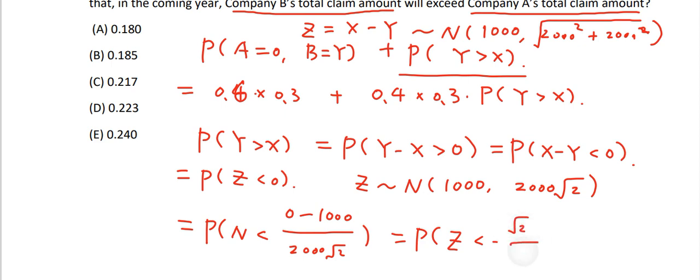So here just calculate here, so we can find this probability. Now we can check the normal table and find this number, 1 over 2 radical 2. So check this. Okay.